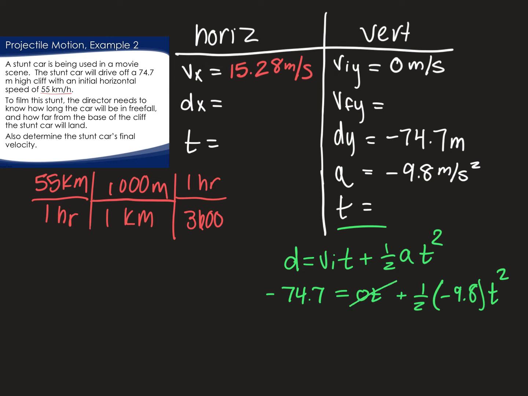So that goes away. So divide by the negative 4.9. That is 15.24.